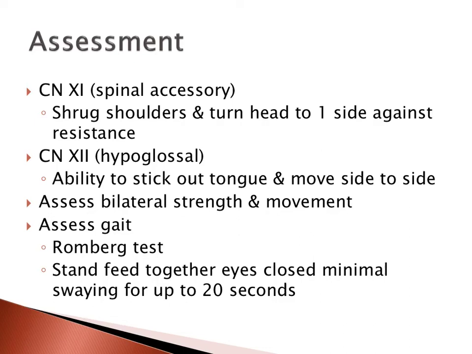They may not feel very comfortable doing that. There should be minimal swaying up to 20 seconds. If you have a patient who has a positive Romberg's test and they have maximal swaying, that is indicative of a cerebellar ataxia.